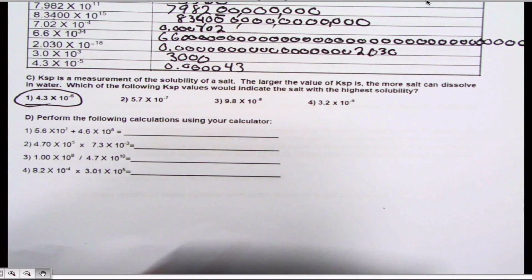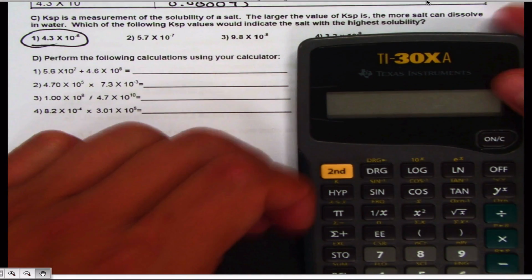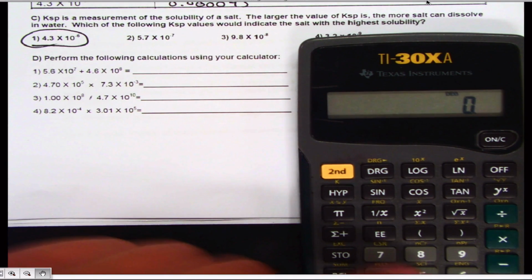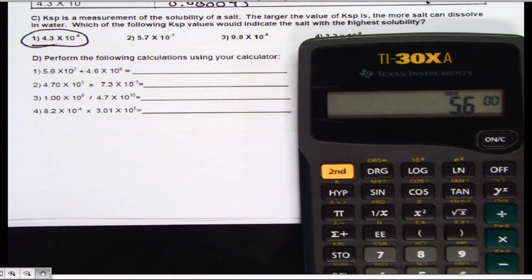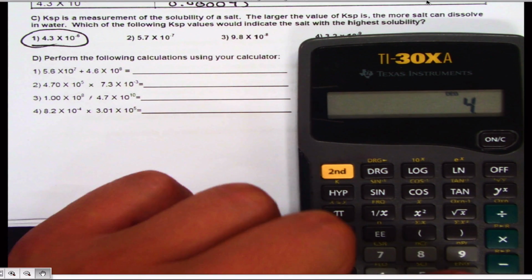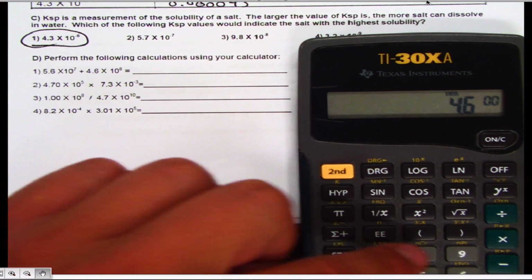Okay. Here's how you do it with a double E button. If you find a calculator like this, which these are great calculators, they're simple, they're great. All right. What you got to do is go 5.6 double E. Sometimes you got to push the second function to the 7th. Then we got plus 4.6 double E to the 8th.